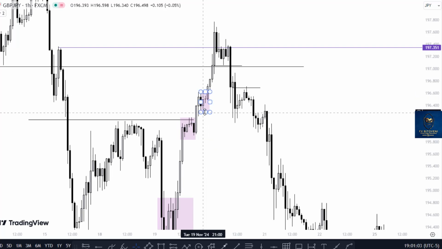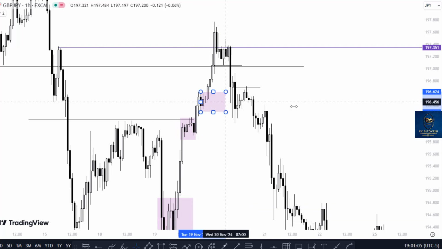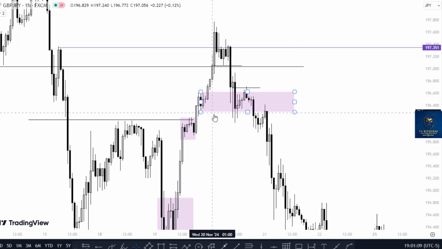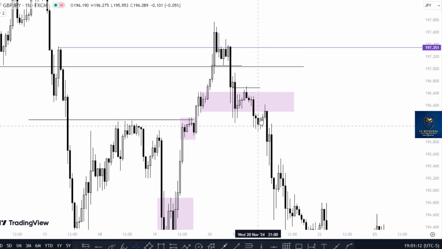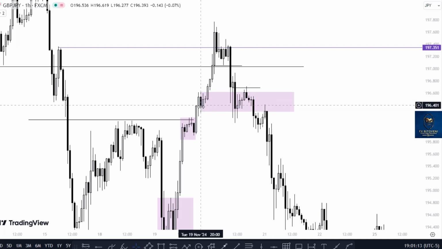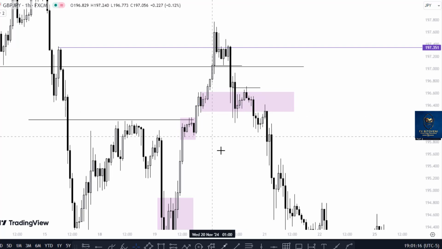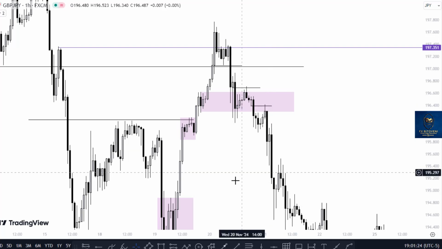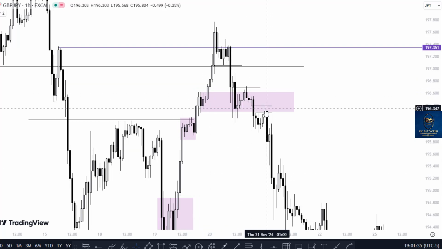Maybe we'll talk about that in the future. So we can easily see how price comes back into this mitigation block, at the same time seeking imbalance that was left here. Now this is where you should be looking for opportunity.